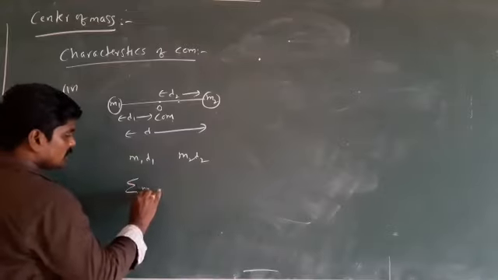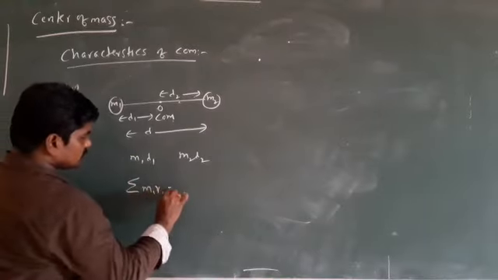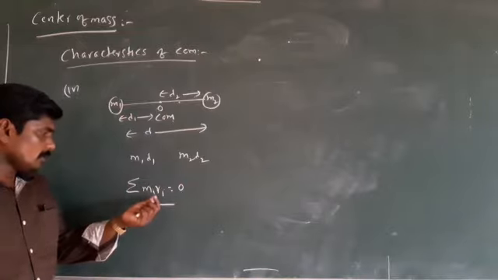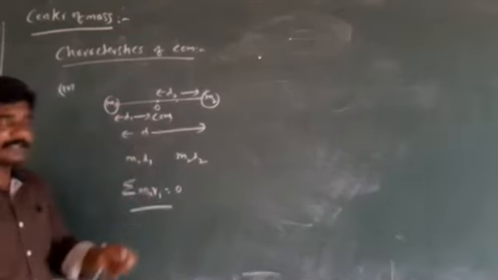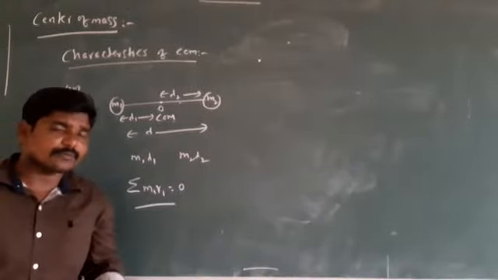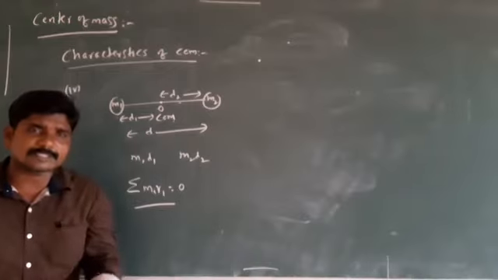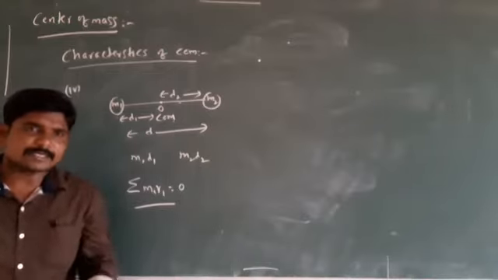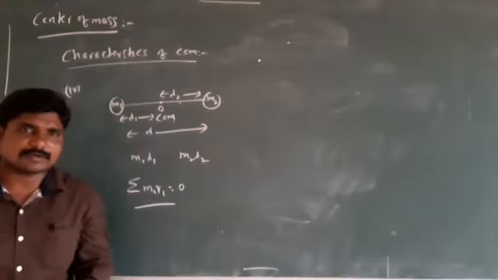So I am writing sigma mi ri is equal to 0. Here two particles are there. If there are three particles, for a three particle system also we can find the common center of mass. If the system contains four particles, for a four particle system also we can locate the center of mass.